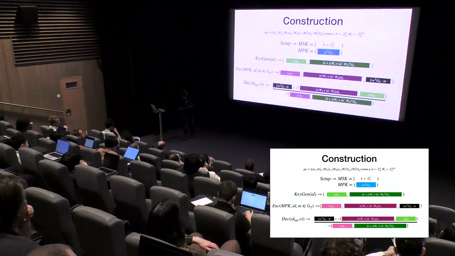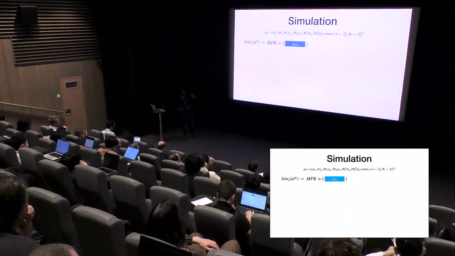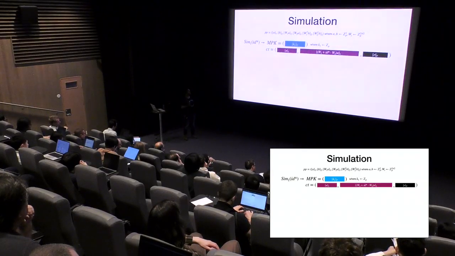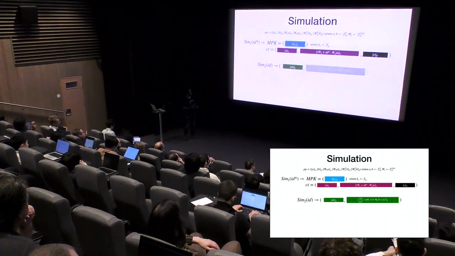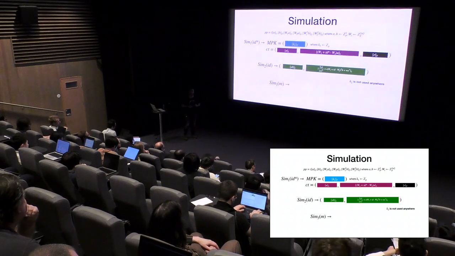Sorry. Now, for those interested in knowing how the non-committing property is achieved, the master public key is a random point in the target group space, and the ciphertext is a random looking vector, that's it. To generate fake secret keys, it just uses that K1 value. So K1 and K2 will be used to generate the master secret key.